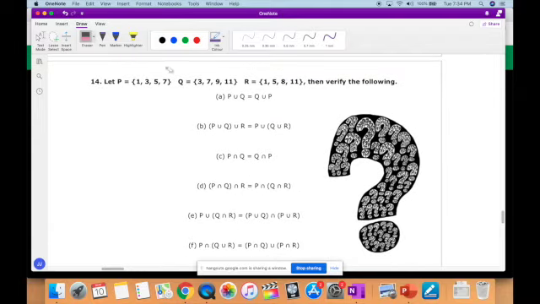And number 14, we just have this is some cool stuff. This is where set theory will start to get really interesting, right? This is when it'll start to blow your mind. They give you these 3 sets here, and you have to prove that P union Q is the same as Q union P. Yeah?